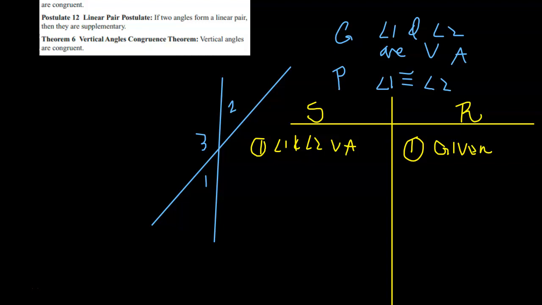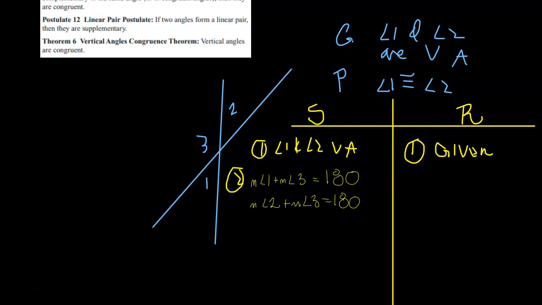Okay. And then my next step will be to say that angles 1 and 3 add up to 180 degrees. The reason I know that is by postulate 12. If two angles form a linear pair, they are supplementary, which by definition says they add up to 180.